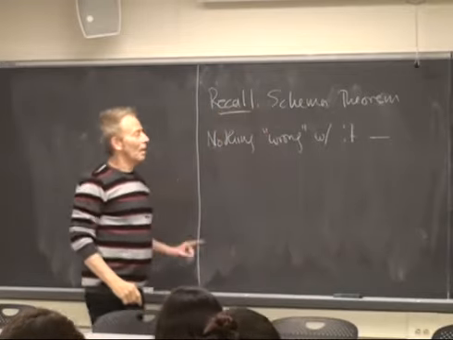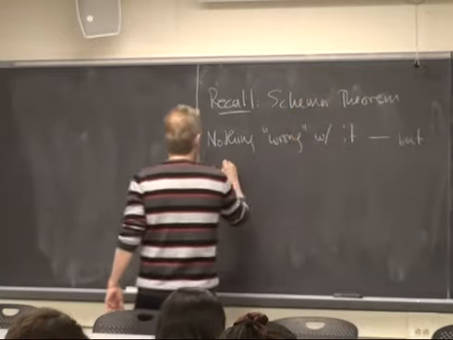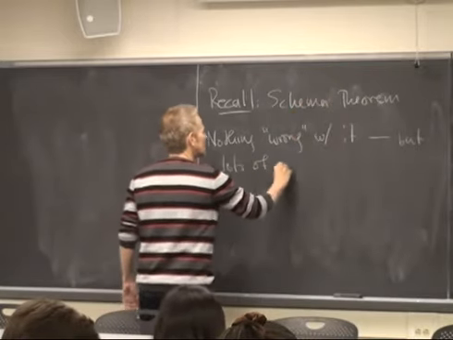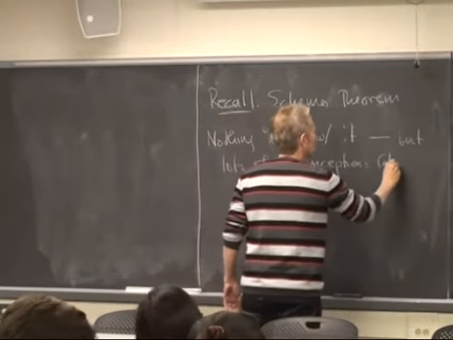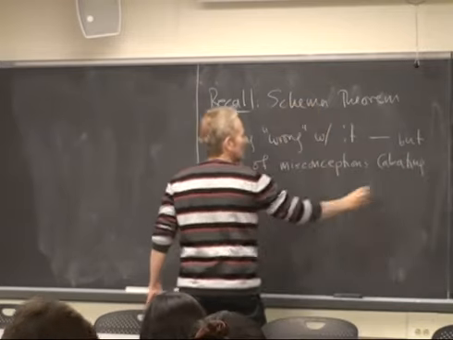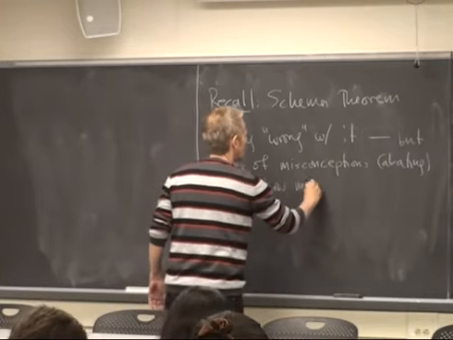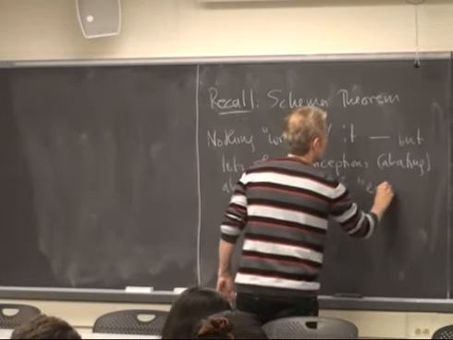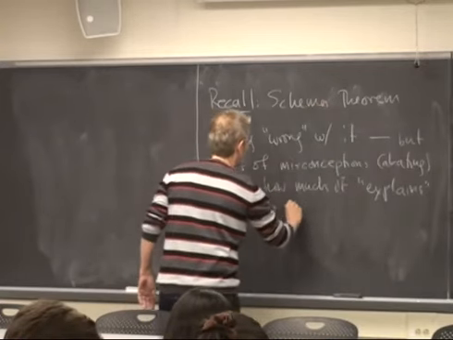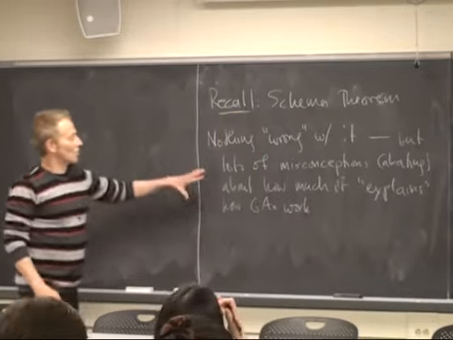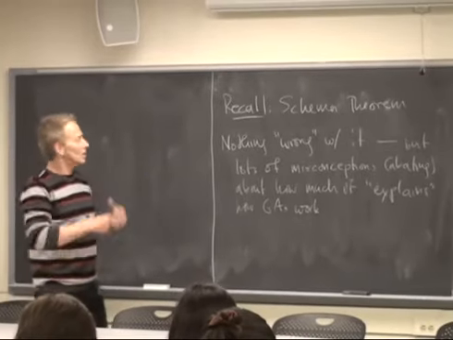There's nothing wrong with it, but the problem is there are lots of misconceptions, and these have been abating over the years, about how much it explains how GAs work. And the reason that people got hooked on this idea that the Schema Theorem explains how GAs work was that they believed everything that Holland said.